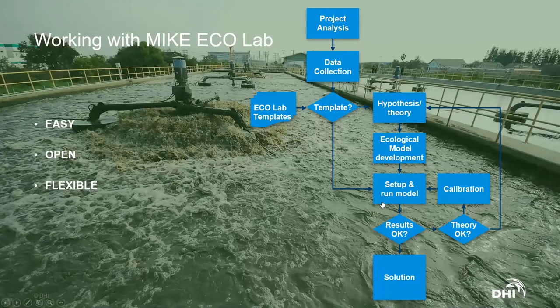So here you set up and run the model, and then you look at the results, compare them to measurements, and if the results are fine, they comply with the measurements within certain restrictions, then you can say, okay, I have a solution, and I can start doing, for instance, scenarios or testing my hypothesis, and then work with the model as such.